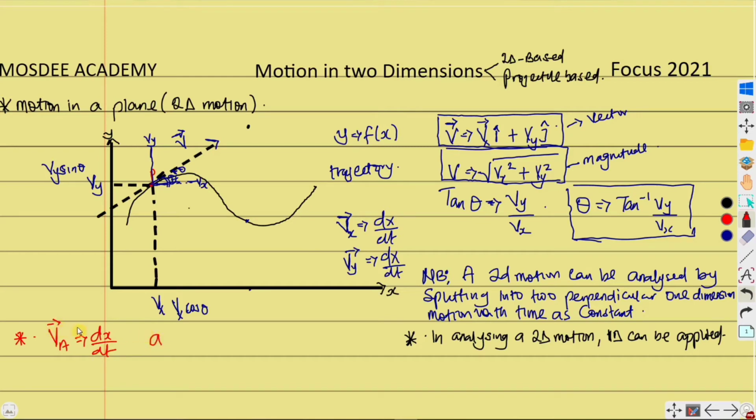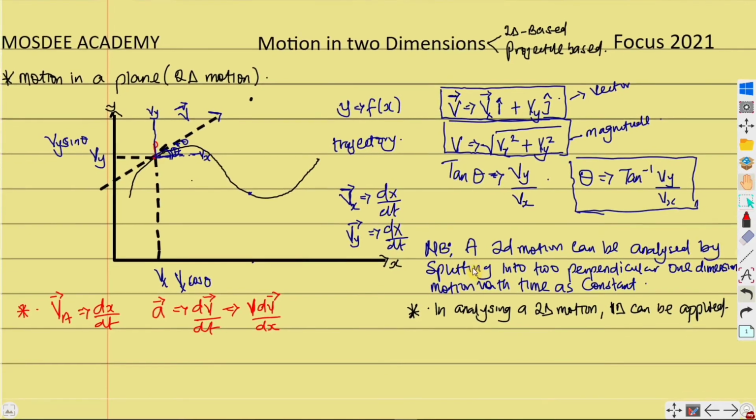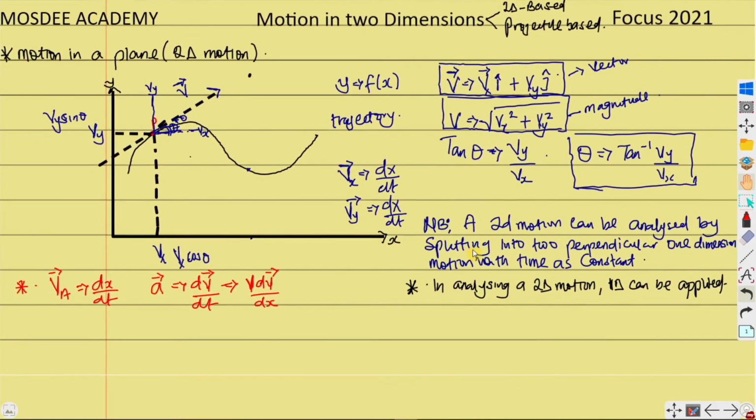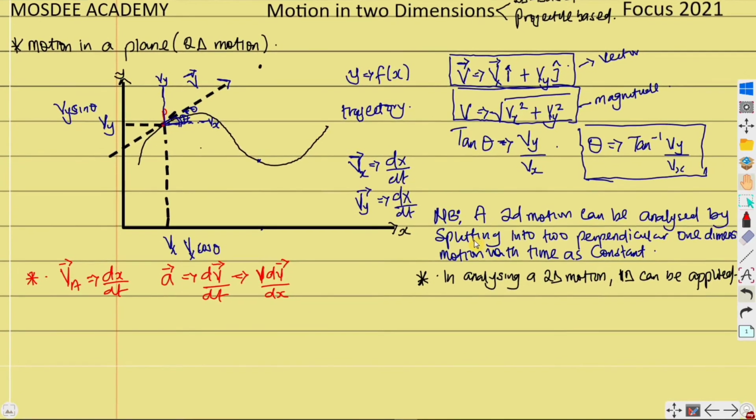Acceleration of a body is a vector quantity, given by dv by dt, which we can also write as v dv by dx. These parameters we use in one-dimensional motion can also be used in 2D motion. I'm going to take an example for us to understand the analysis better, and let us carefully look into it.